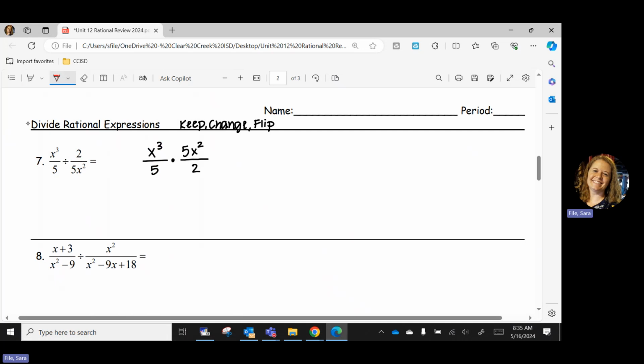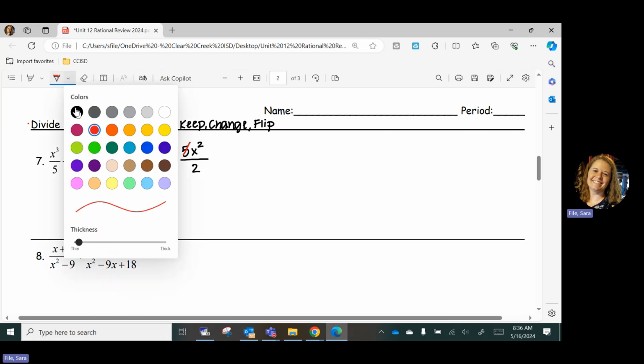So do you see a common factor or some coefficients that might reduce in the numerator and denominator? There's no x's to reduce with any of these x's up here, but what about the numbers, the coefficients? Can't those 5s reduce? Yeah. 5 over 5 is going to reduce. That's just a 1. I don't have to write a 1.